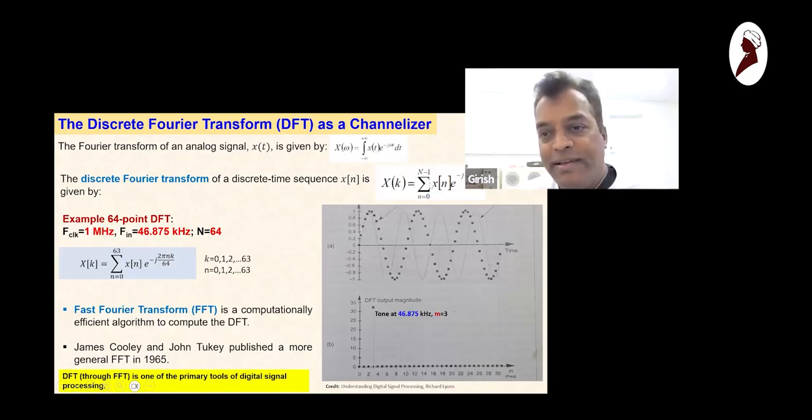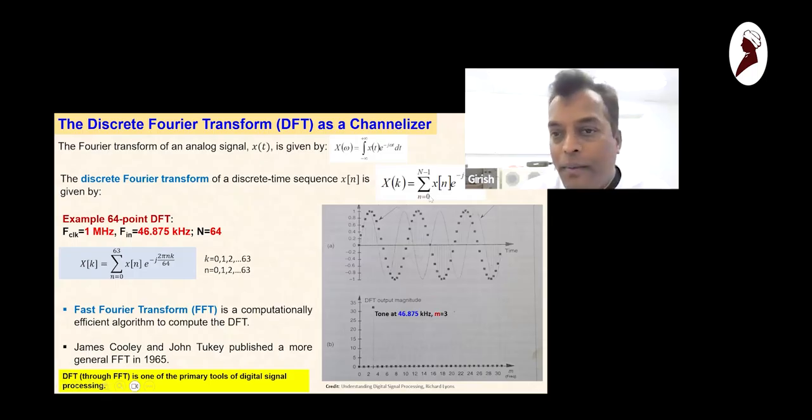So what you see here is a discrete Fourier transform. It takes in sample X, multiplies with this complex e to the power minus j, various complex sines and cosines. Okay, and then when you accumulate that, you get your Fourier transform.